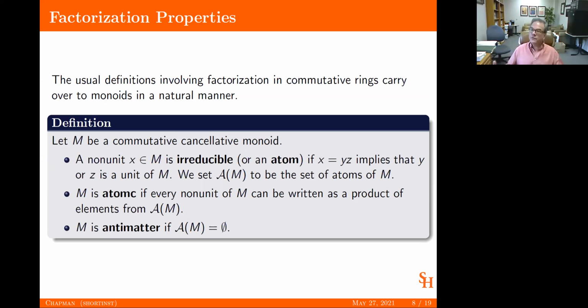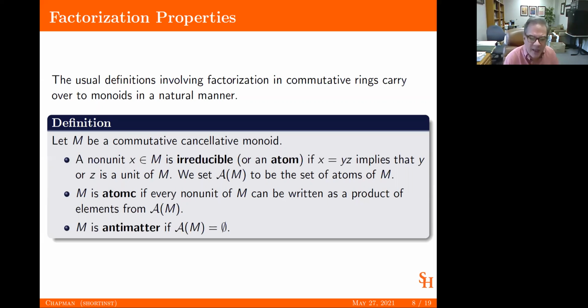If I have a commutative cancellative monoid, which all these Puiseux monoids are going to be, I'm going to call a non-unit irreducible if, whenever I write x as a sum, and again, the operation here is addition, even though I've written it here as multiplication, if I write x as the sum of two things, one of them has to be a unit. I'm going to let A(M) be the set of atoms of M. M is going to be atomic if it can be generated by its atoms, if every element can be written as a product of elements from this set A(M).